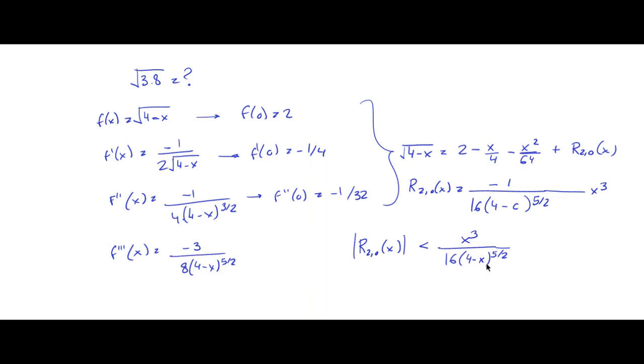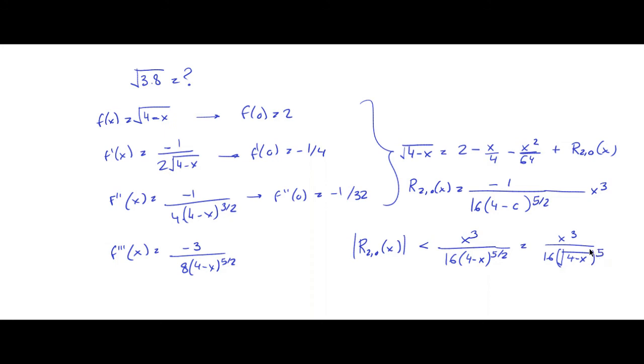So this is equal to x cubed divided by 16 times the square root of 4 minus x, all of it to the 5.